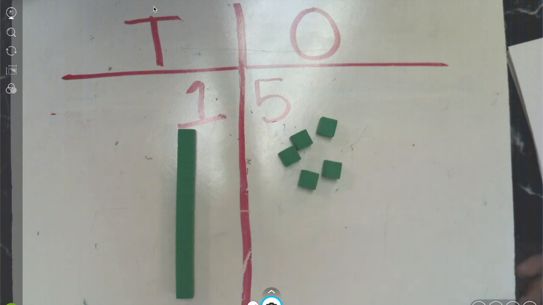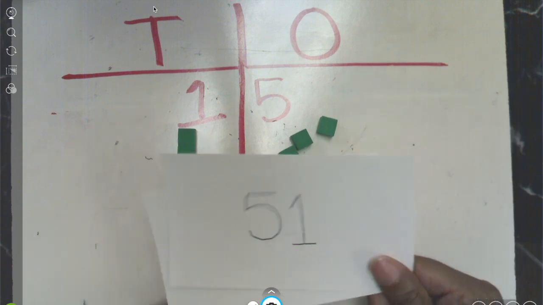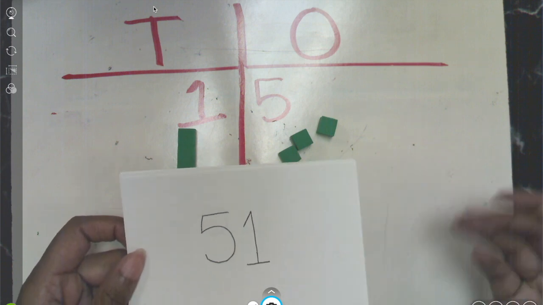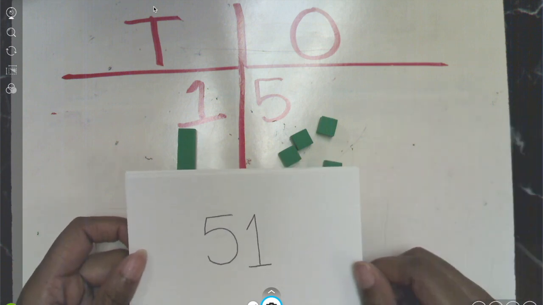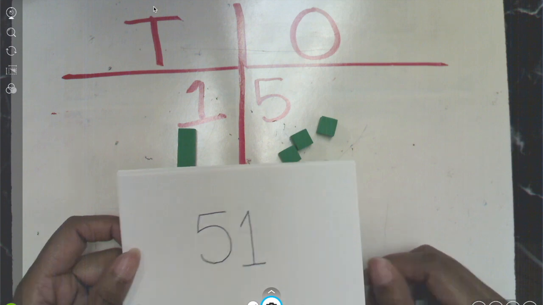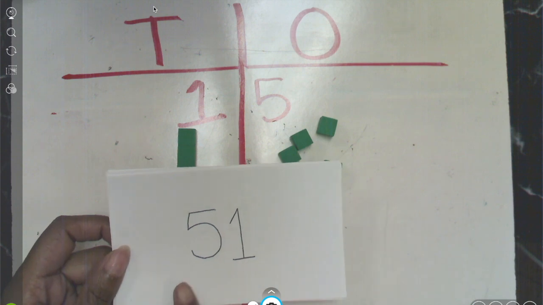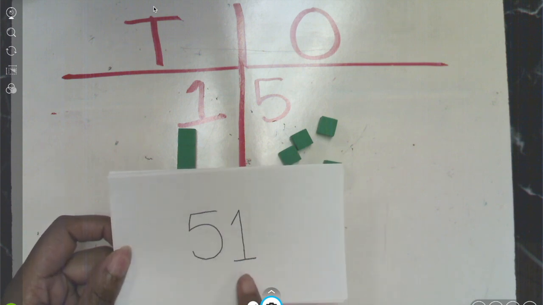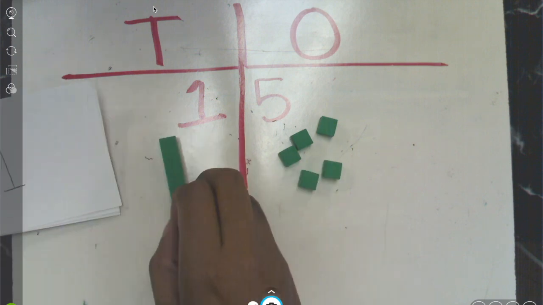Wait a minute. That's not the number that I said I needed. I needed 51. What did I do wrong? That's right, I have it backwards. The 5 should have been in the tens place and the 1 should have been in the ones place.